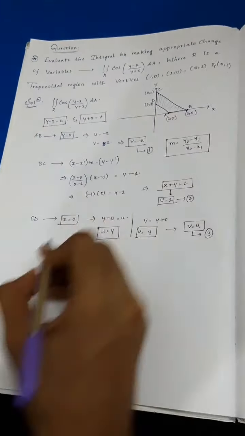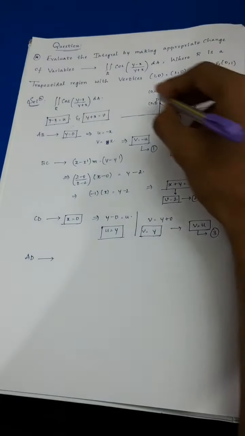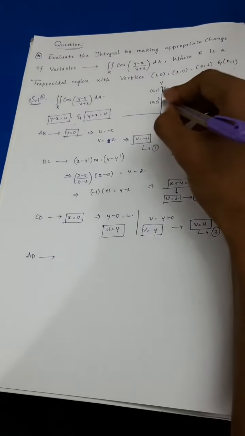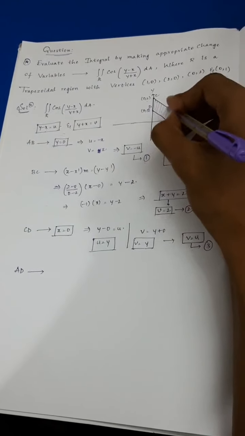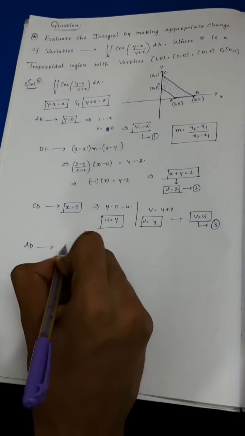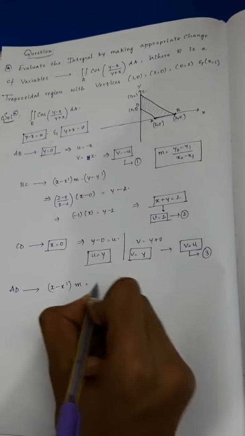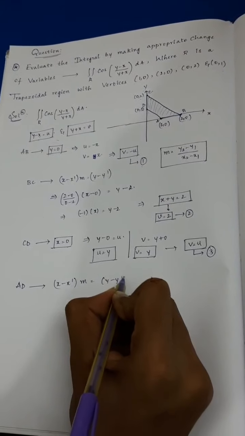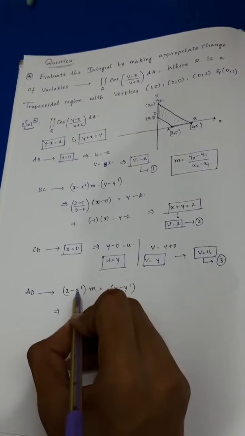Similarly, the AD line equation is similar to the BC line equation. As both are parallel, we will get some difference in the constant terms, but no other change. Let us again apply the point slope form. Here y minus y dash equals m times (x minus x dash).